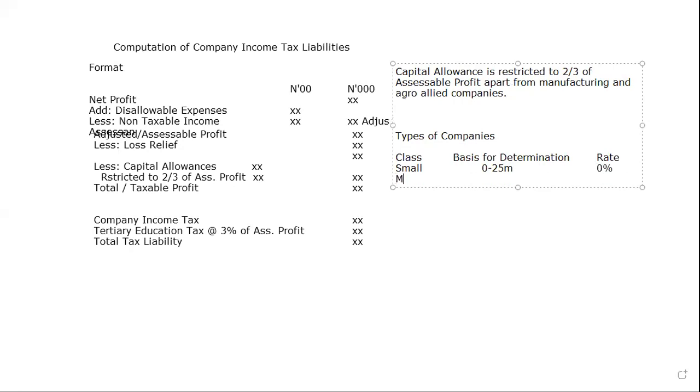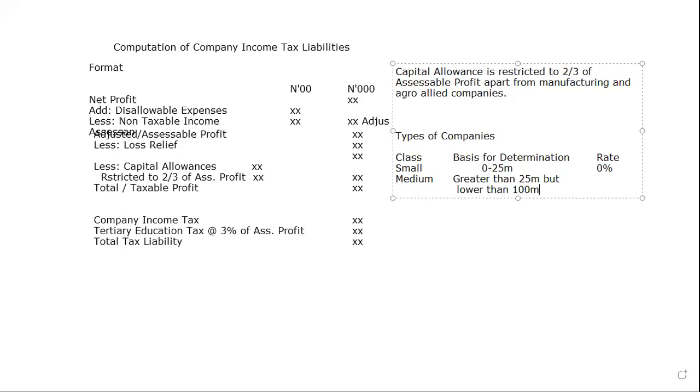Now, the second class of company we have is medium-sized company. How do I know a medium-sized company? A medium-sized company is greater than 25 million but less than 100 million.